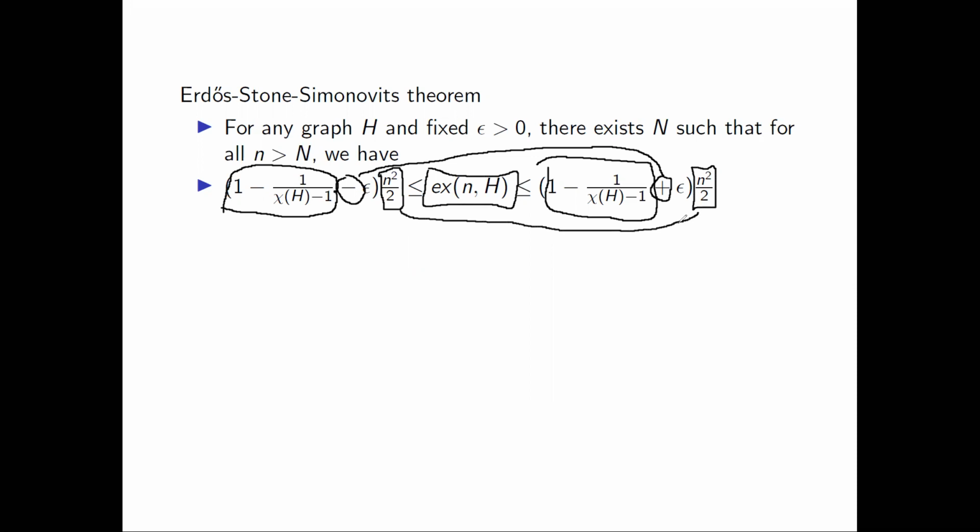So first thing to note here is that if the chromatic number of H is greater than 2, then we can say that 1 minus 1 over the chromatic number of H minus 1 is going to be greater than 0.